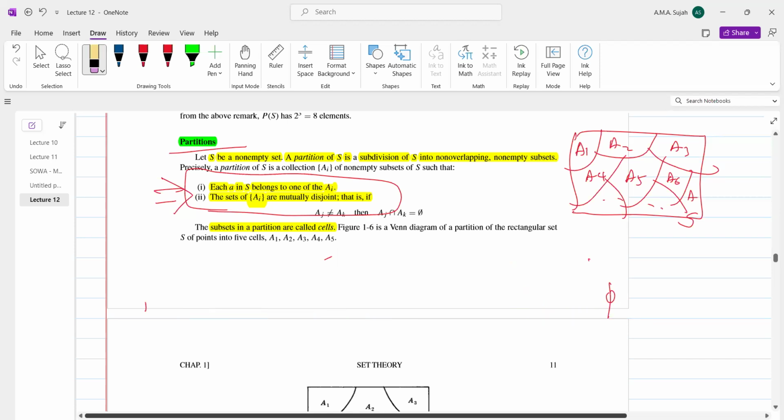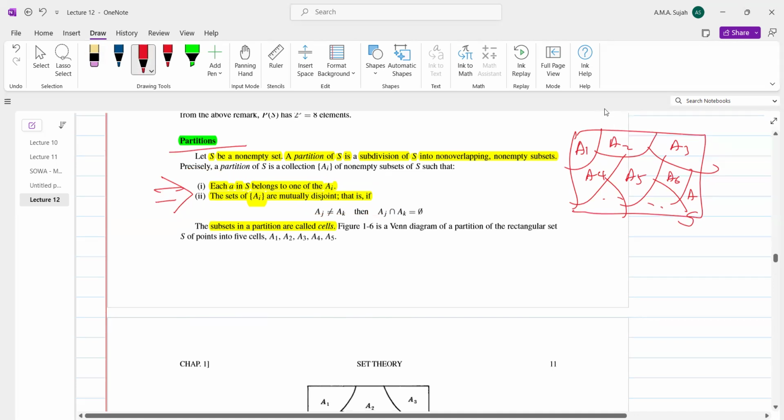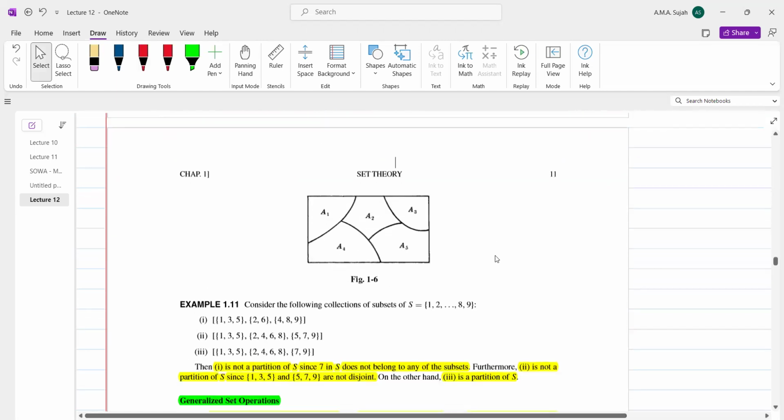If you consider one element, it must be an element of one of the partitions. If that element does not belong to one of the partitions, we can say that is not a proper partition. Also, they must be mutually disjoint. These are the two conditions you need to check for partitions.